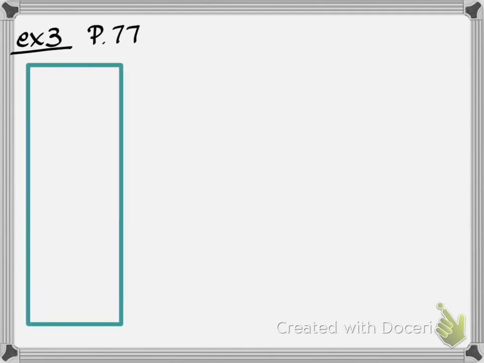All right, now if you'll turn your page to example 3, we're going to do the same thing with 3 sets. It's on page 77. So we'll go ahead and get it set up. I gave it away a little bit. I'm telling you already that we're going to use 3 sets.